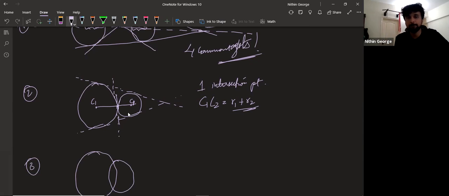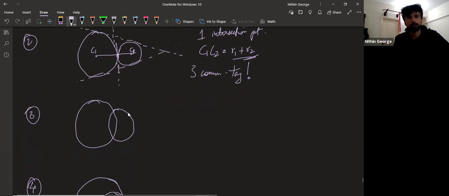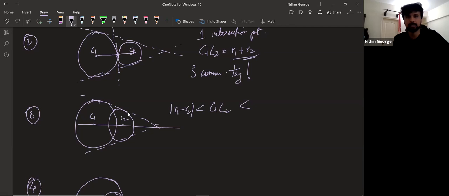So C1C2 is like this. Then, how many common tangents? 3 common tangents. I hope this was clear. Now, for the next one, you can see clearly 2 common tangents are formed. C1 is there, C2 is there. So here, C1C2 is greater than R1 minus R2, which is lesser than R1 plus R2.